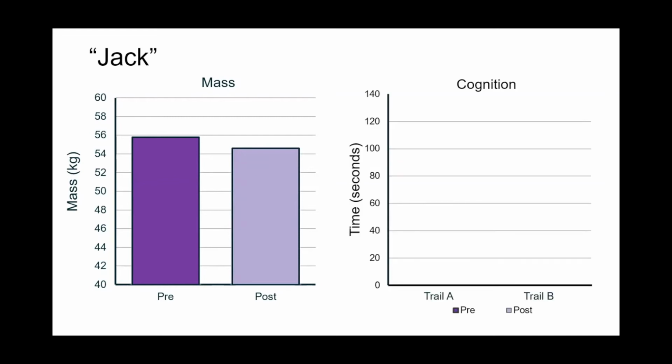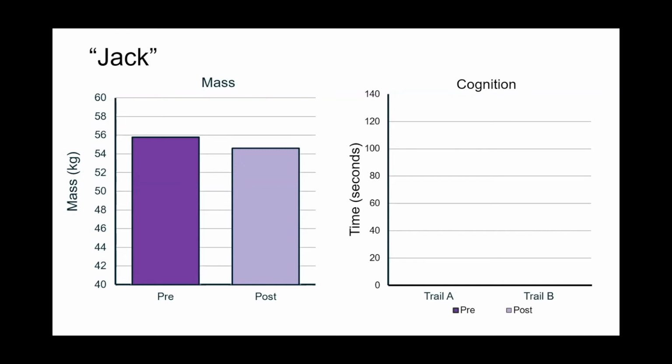Let's look at Jack's cognition. If you will notice, we have what is labeled on the x-axis, Trail A and Trail B. These were two of our cognition tests that we administered. For trail making part A, we had Jack connect the numbers 1 to 2 to 3, all the way to 25.